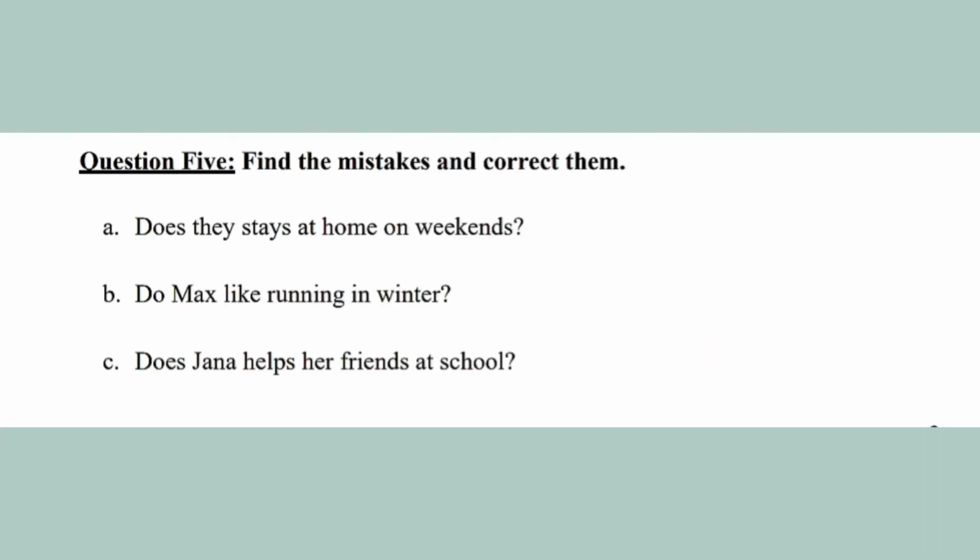Regarding exercise 5, you need to find the mistakes and then correct them. Let's take part C. Does Jana helps her friends at school? First, you should look at the order of the words. The order is correct. Look, in this sentence, we have an action verb with a singular female subject. That means does is correct.